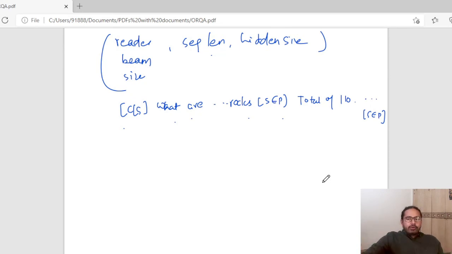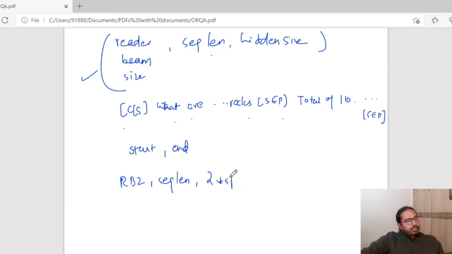But what we need to find out is what are the chances of each of these tokens being either the start token or the end token. So to do that, we multiply our original representation here by a matrix which converts it to the size of, I'll just write reader beam size as RBZ from now on, just for the sake of time, RBZ, sequence length and 2 into span hidden size. So this is a hyperparameter that we choose, and we can vary it.